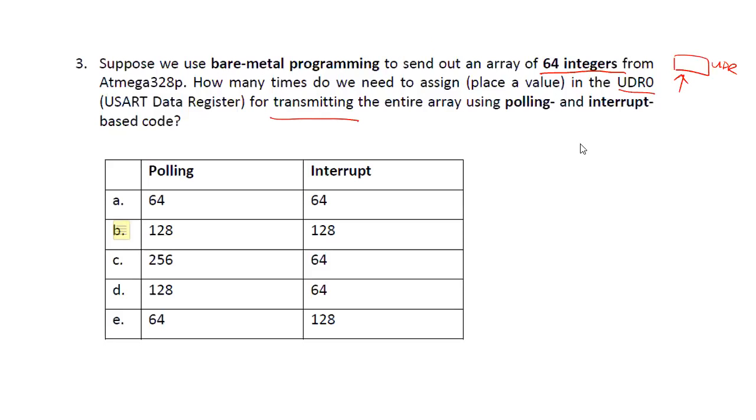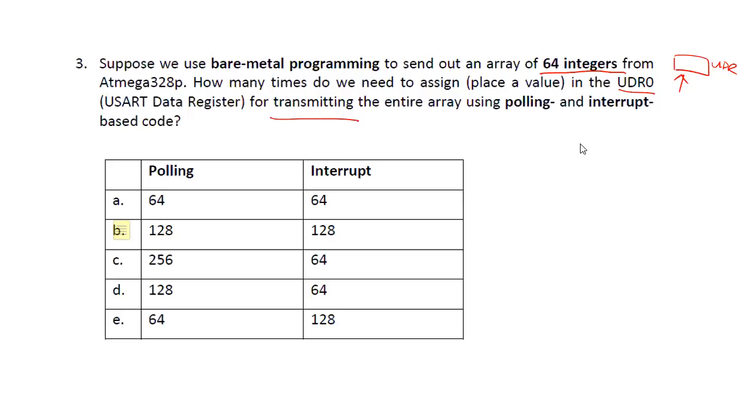So in terms of polling and interrupt, you will be writing the same number of times to the UDR register, because the amount of data that I want to transmit out is the same in both cases. So the only two possible options are A and B, because it has to be the same number of times.